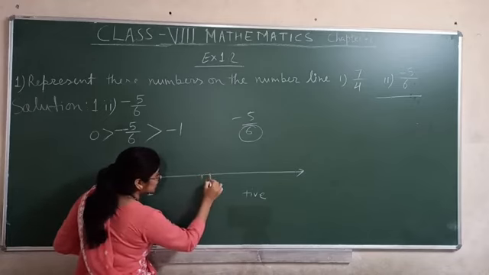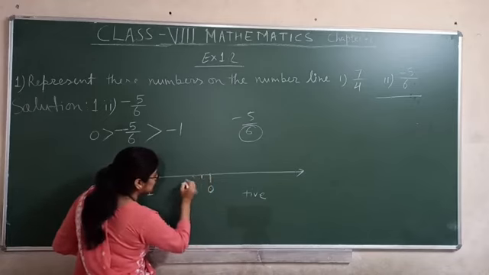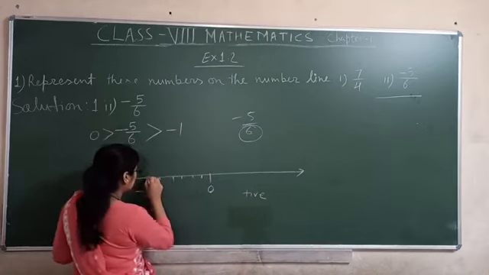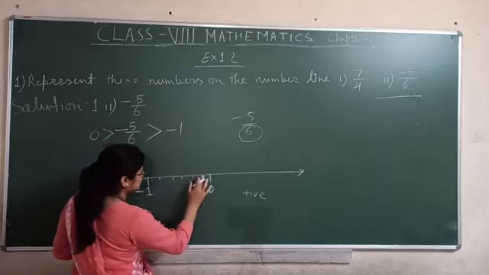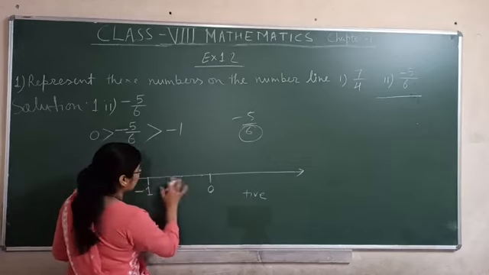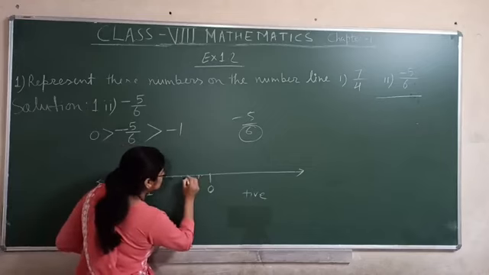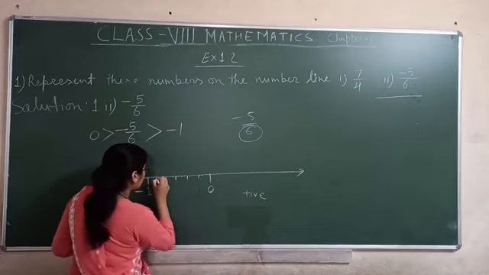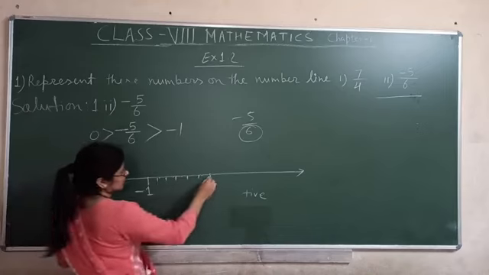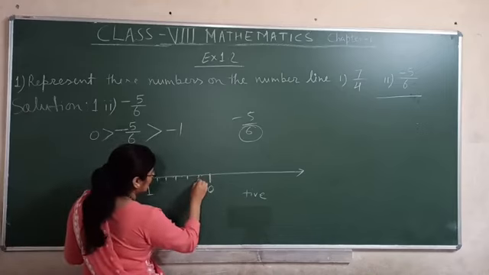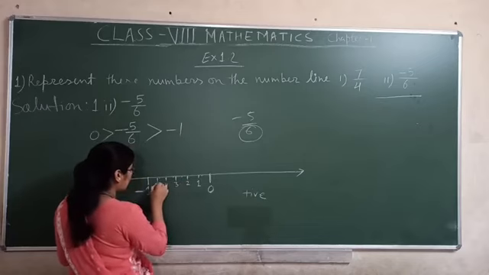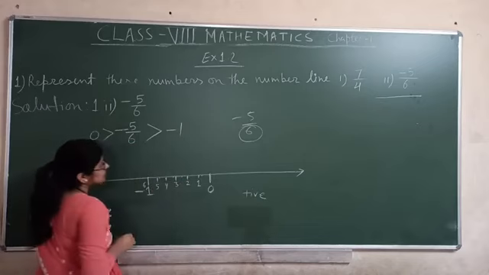This line should be smaller than this one. 1, 2, 3, 4, 5 and this one is counted as 6. 0, 1, 2, 3, 4, 5 and 6.